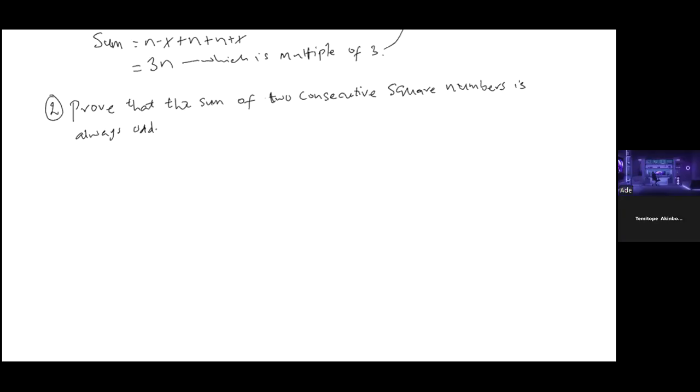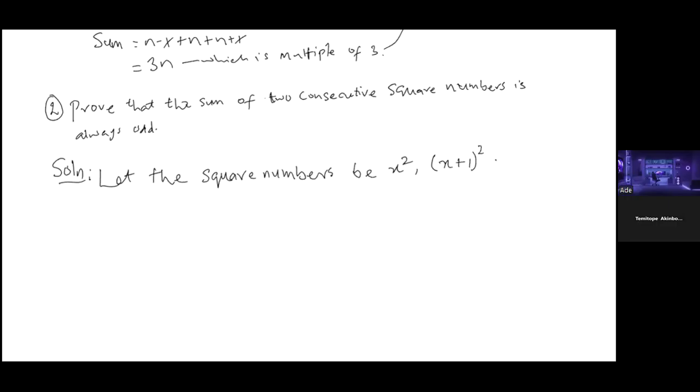So this is what we're going to do. You say, let the square numbers be s squared, (s plus 1) squared.